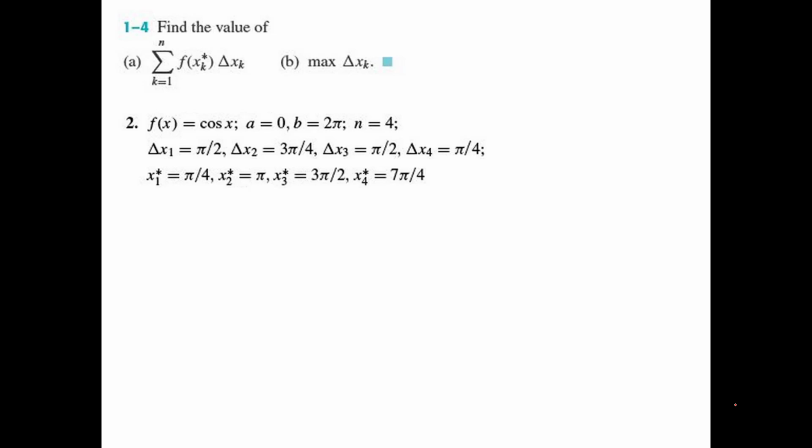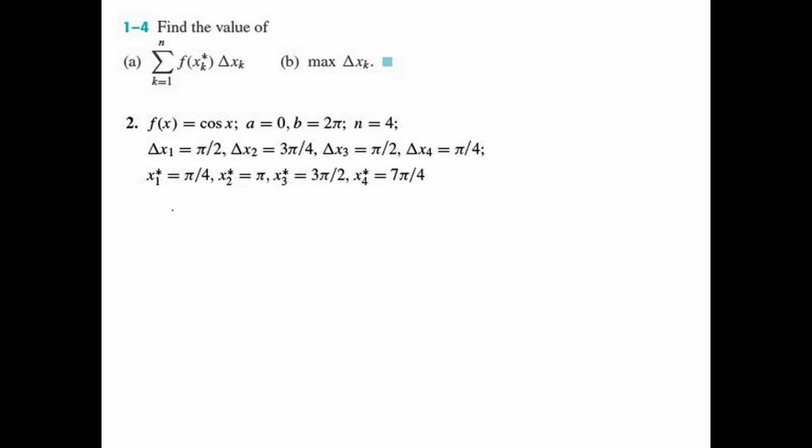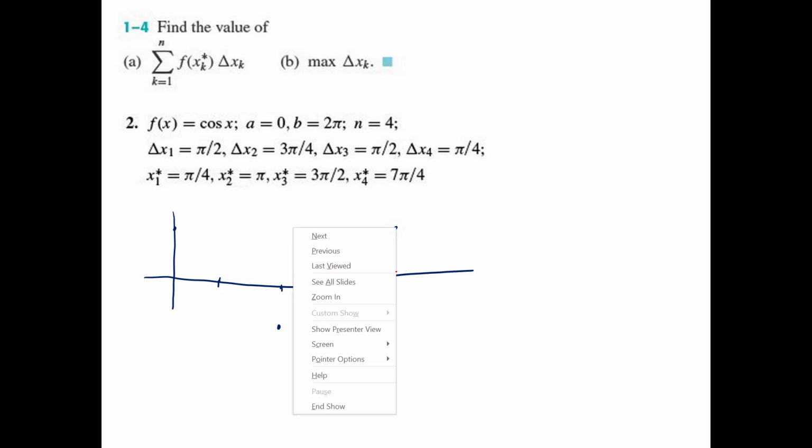So all this is really, if we draw a picture, this will make it a lot clearer. So let's see what we're doing here. The cosine function is what we're working with. The cosine function at 0 starts up at 1, and then at pi over 2 goes to 0, and then at pi it goes to negative 1, and then at 3 pi over 2 comes back to 0, and then at 2 pi comes back to 1.